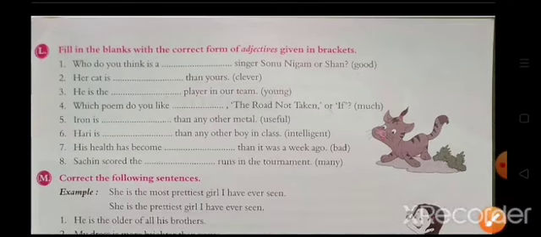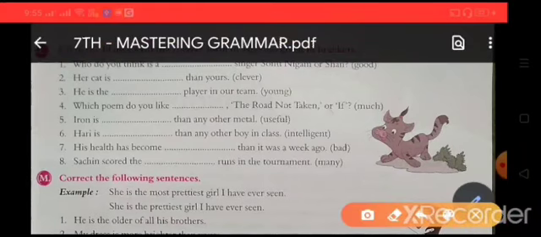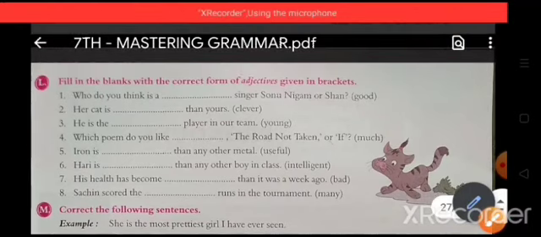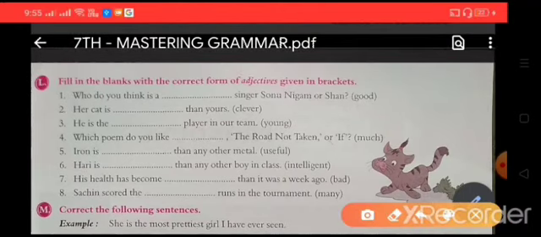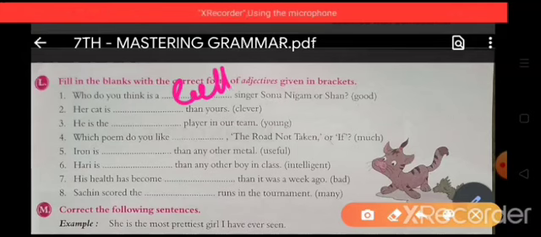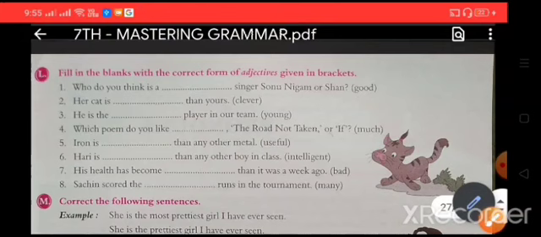Fill in the blanks with the correct form of adjective given in the bracket. Who do you think is a dash singer, Sonu Nigam or Shan? Here you can see the comparison between Sonu and Shan, so it is better, the comparative degree. Her cat is dash than yours. Cleverer.